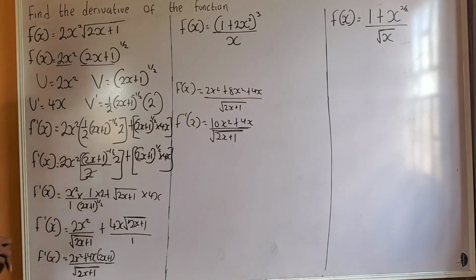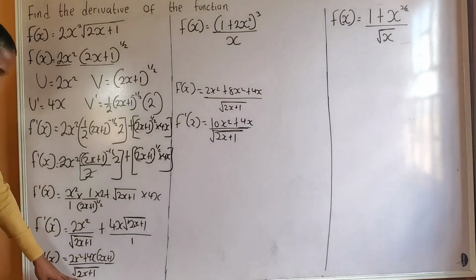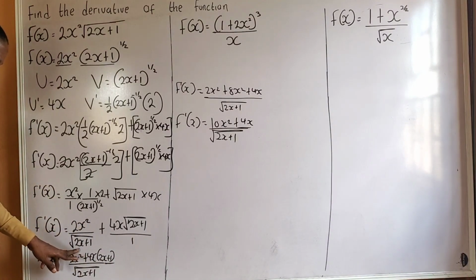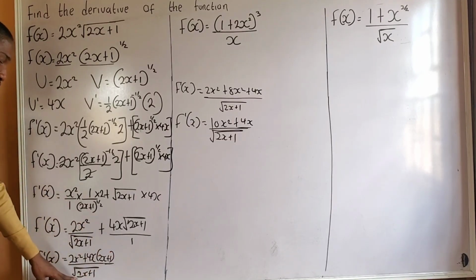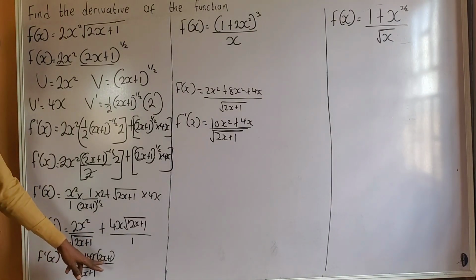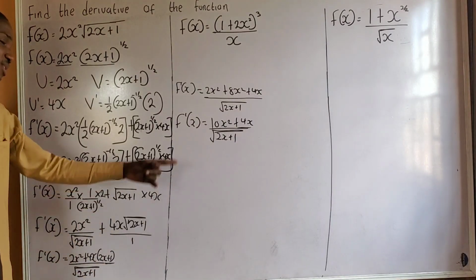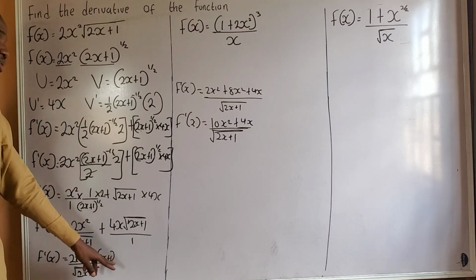Okay, so when you get to this point, you just take the LCM. The LCM will be the product of this and this. So I have this. This divided by this is 1. 1 times 2x squared, that is 2x squared. Root of 2x plus 1 divided by 1, that is root of 2x plus 1 times this. It will give me 4x times 2x plus 1. Do you understand? So I just open the brackets using this 4x. 4x times 2x will give me 8x squared. 4x times plus 1 will give me 4x.